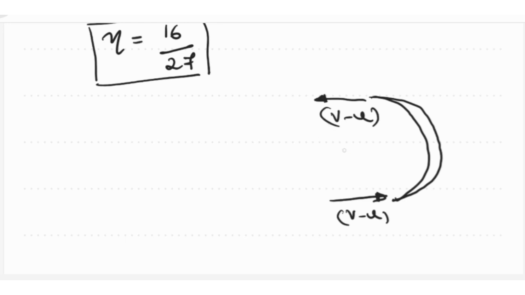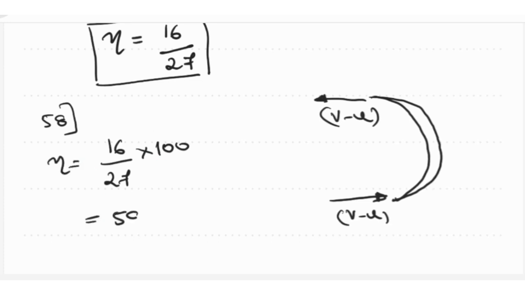In the 57th question it is striking at the center, in the 58th it is striking tangentially, and the solution is the same, you will get eta is equal to 16 by 27. So 16 by 27 into 100, if you solve it, you will get nearly 59.25 percentage. That is what they have asked in the 58th question.